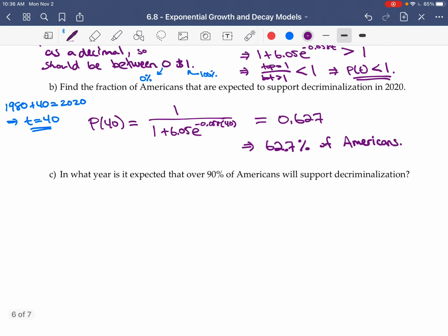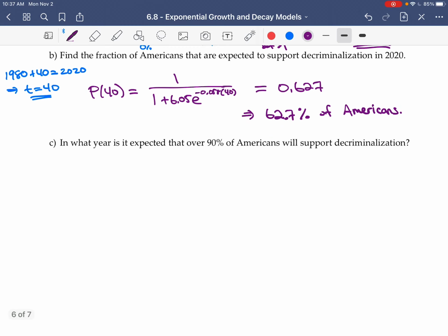Okay, so in what year is it expected that over 90% of Americans will support decriminalization? So for that, we want how many years will it take? So we want t, so that the amount that support in that year, P of t, is bigger than 0.9, which is 90%.